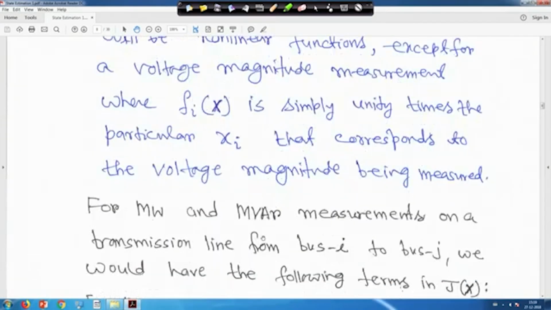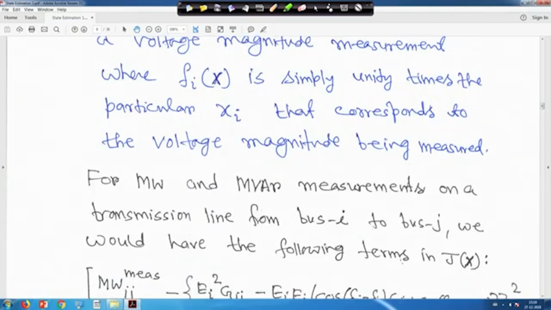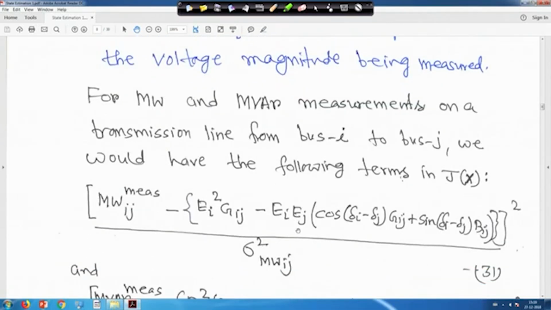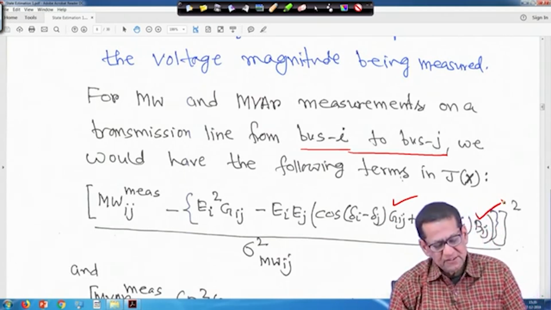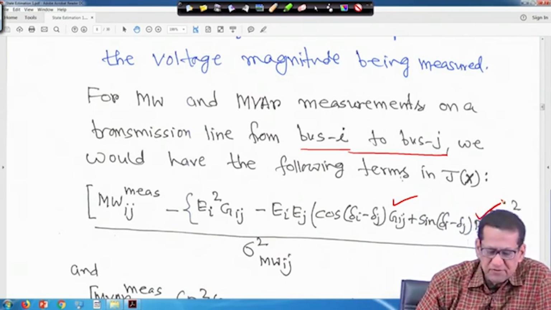For megawatt and megavar measurements on a transmission line from bus i to bus j, we would have the following terms in the J(x) matrix. This is the power flow from bus i to bus j. I have used this expression, and it depends on which convention you take regarding G_ij, negative or positive; it does not matter, the final result will remain the same.